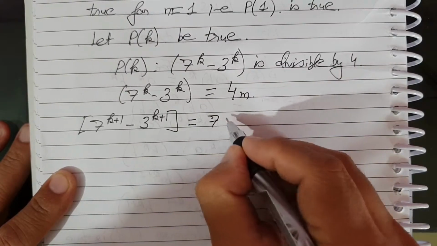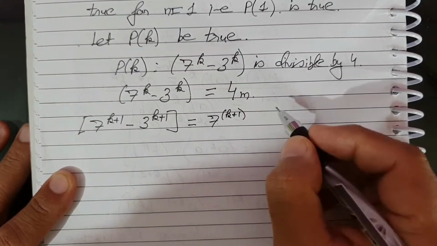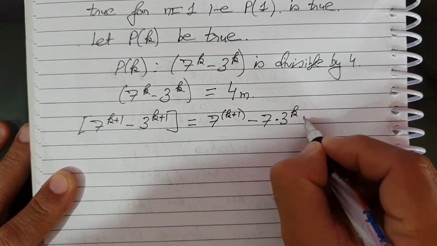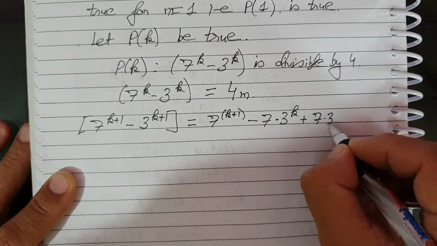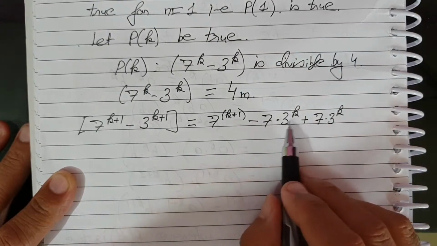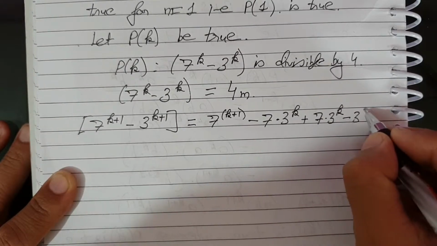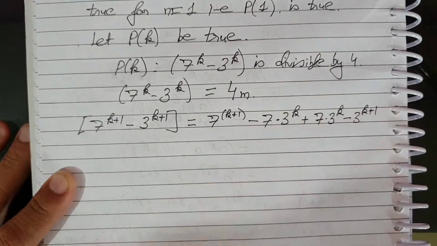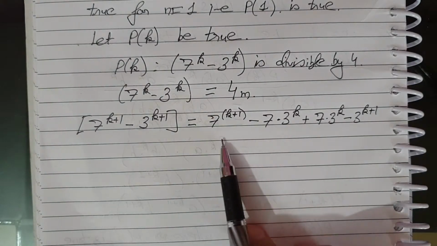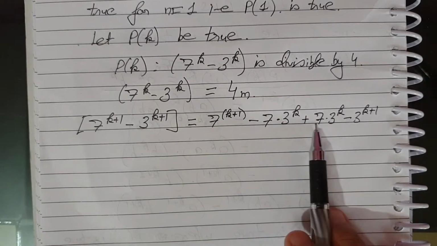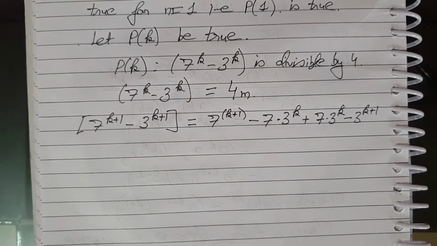So this is 7 to the power k plus 1 minus 7 into 3 to the power k plus 7 into 3 to the power k minus 3 to the power k plus 1. See, what I have done in this equation is that I have minus 7 into 3 to the power k and then plus 7 into 3 to the power k. So if you add and subtract any quantity from an equation, that remains the same.